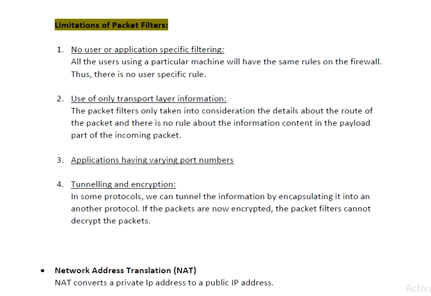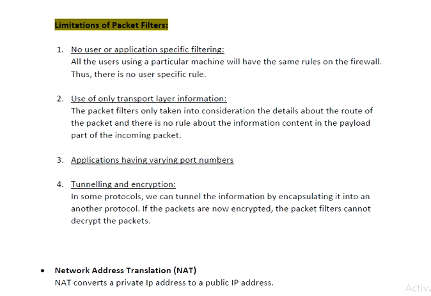So there will be no user specific information. That is one of the limitations of packet filtering. All the users using a particular machine will have the same rules on the firewall. Thus, there are no user specific rules.